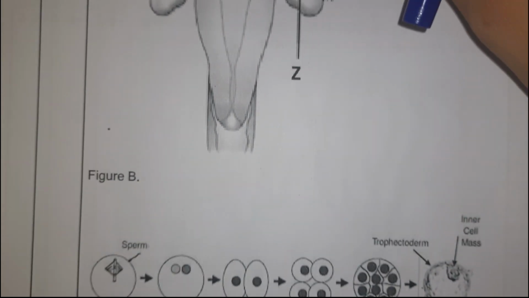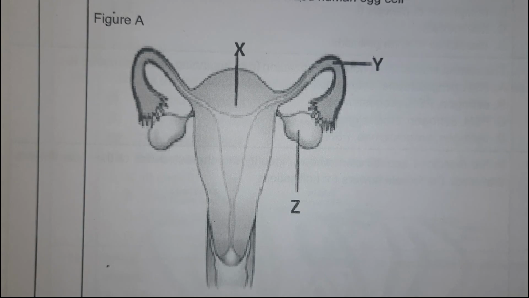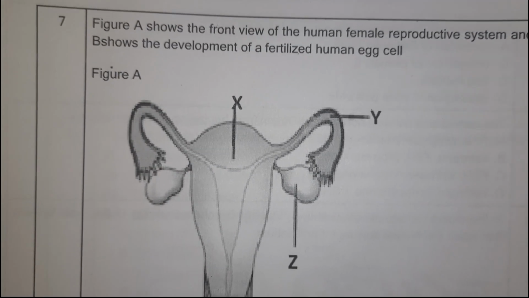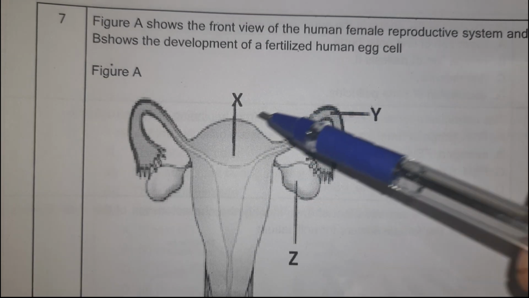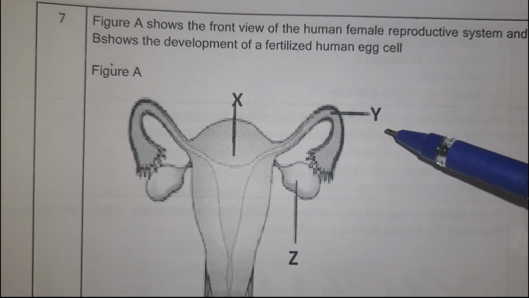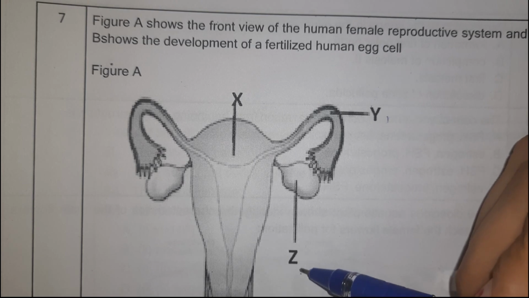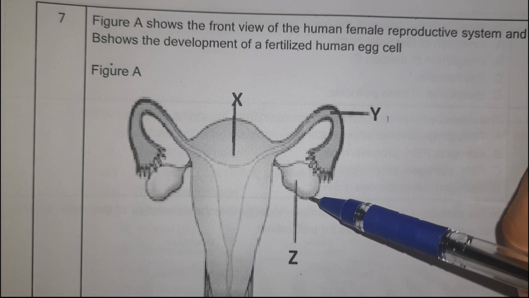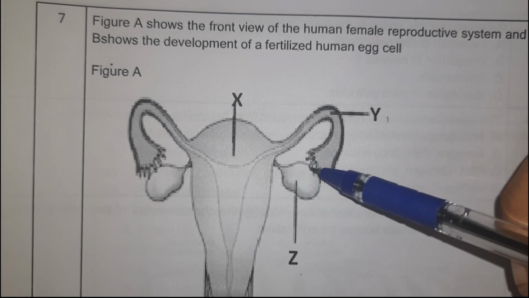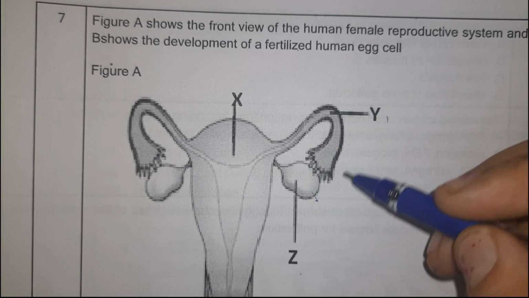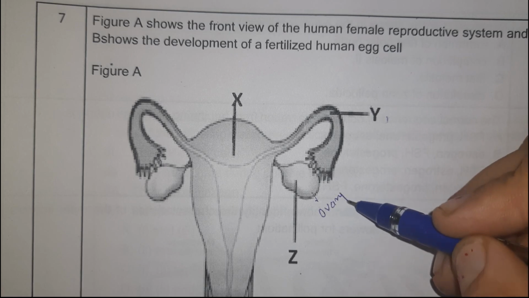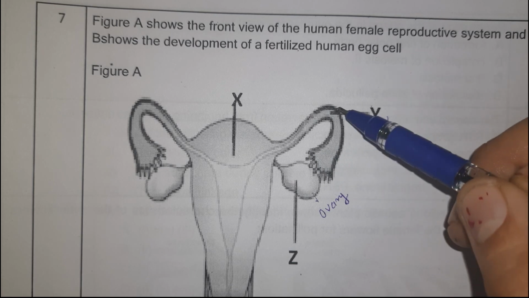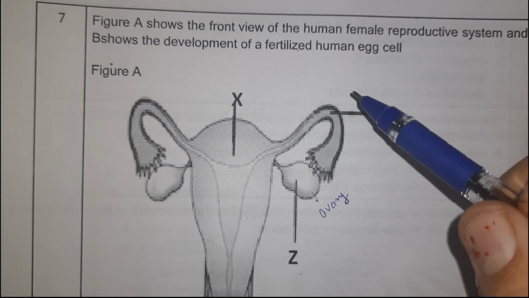Now, in question number 7, we have been asked what is X, what is Y, what is Z. Looking at the structure, Z is the ovary. Y is the fallopian tube, or we can say the oviduct.